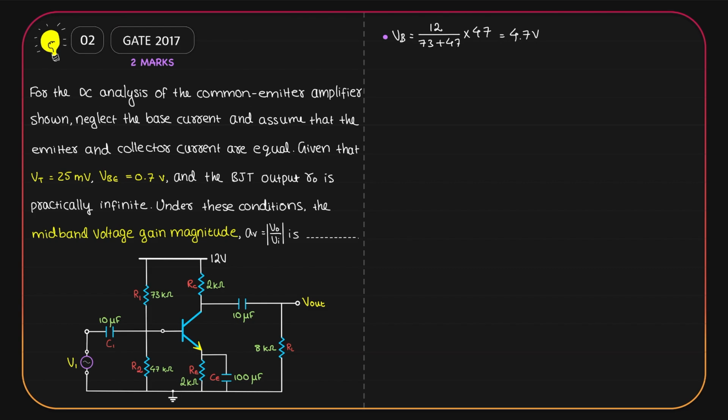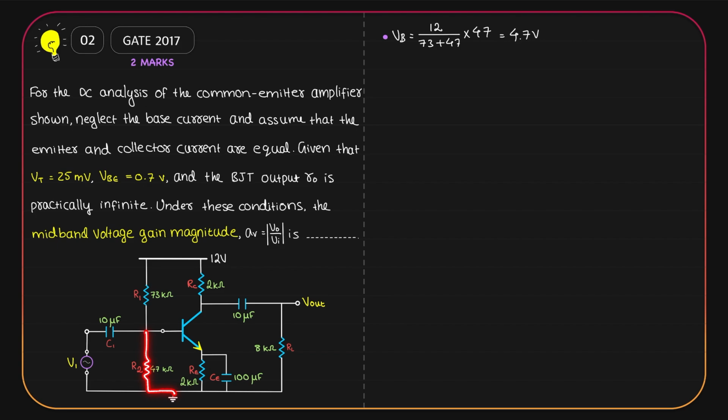Now, let us apply Kirchhoff's voltage law in the base emitter loop, which is this one. I'll start from the ground. There is R2, there is the base emitter junction, and I have RE, going back to the ground. I'll start from this point and go clockwise. This is basically ground. As I go, I can see the resistor R2, which is the 47 kilo ohm.